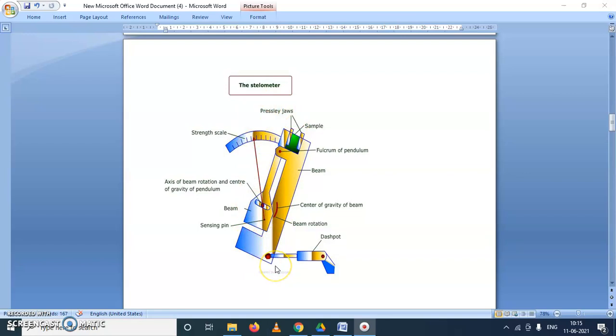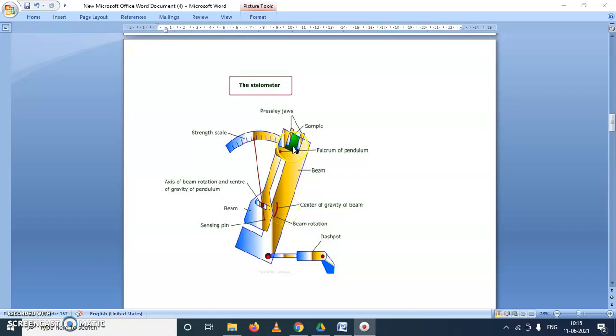Now what happens if we remove the catch? The tendency of this beam is to move in a clockwise direction to lower its center of gravity, and if there is no specimen here, then the pendulum remains in a vertical condition, it doesn't move.